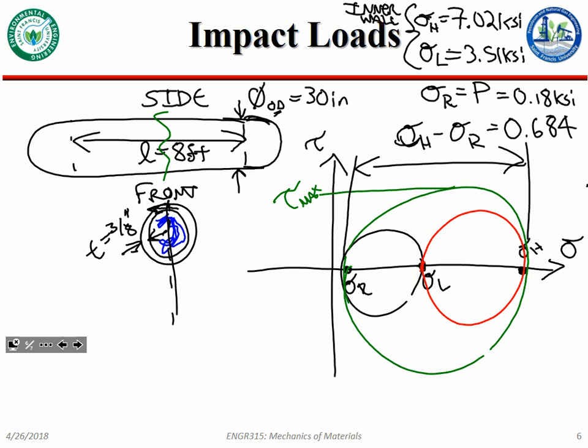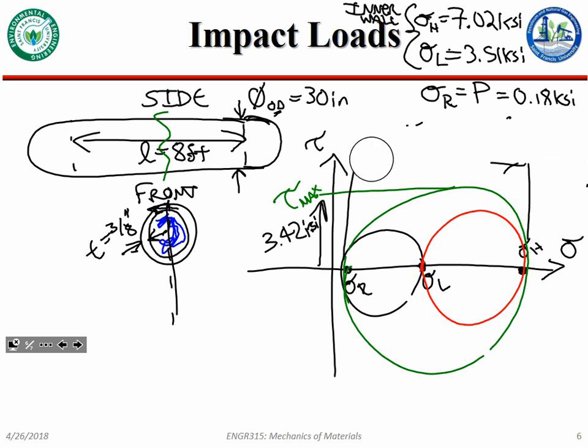So with the point moved over, that's the diameter. So radius would be half that. So 3.4442 KSI, or the maximum, which should identically be the maximum shear stress.